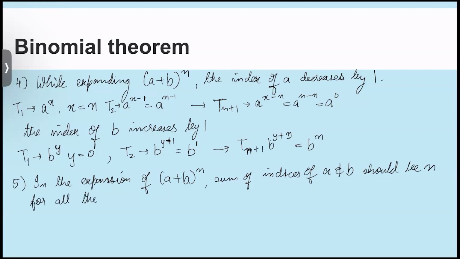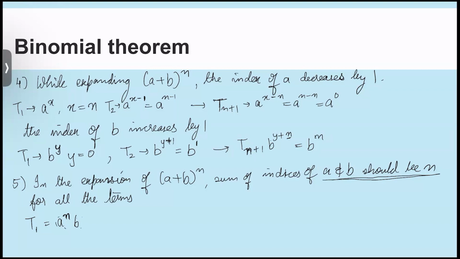For all the terms of the expansion, this rule has to be followed. In the first term, when a is raised to n, the sum of the indices of a and b should be n itself.